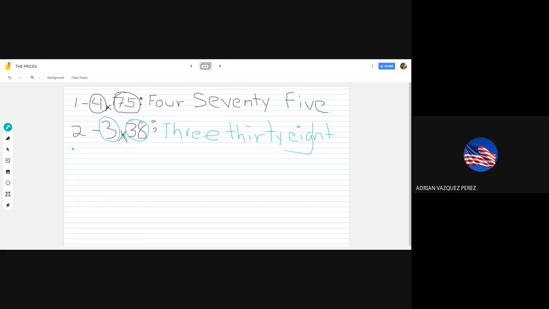The last example we're going to do today. What about this price? What is that amount? ¿Cuál es esta cantidad? Remember one more time, we don't have to write down this point, correct?